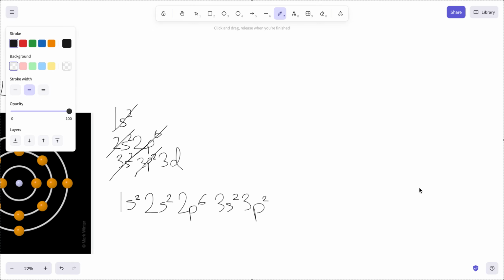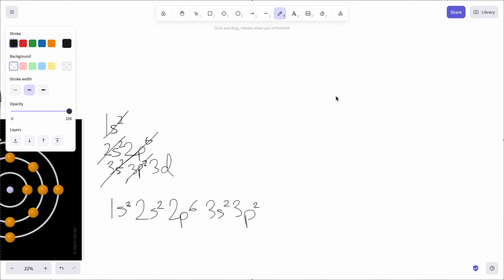Drawing this as an orbital diagram, like a molecular orbital diagram, we have energy, energy increases as you go up, and we can draw our different orbitals.